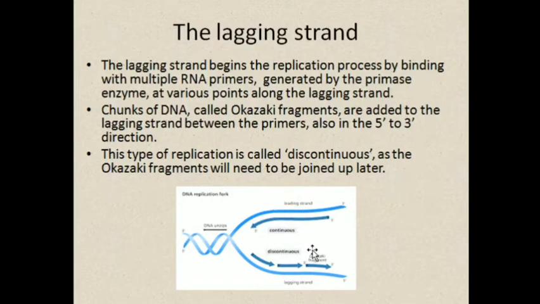As the DNA unzips, the primers are added one by one, and small fragments are formed. These are called Okazaki fragments, and that is why in the lagging strand the replication is called discontinuous. So the chunks of DNA called Okazaki fragments are added to the lagging strand between the primers in the 5'-3' direction, and that is why this is a discontinuous replication.